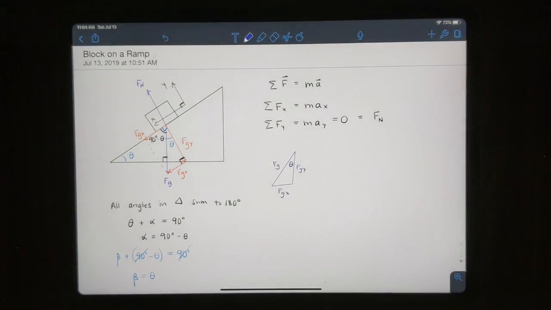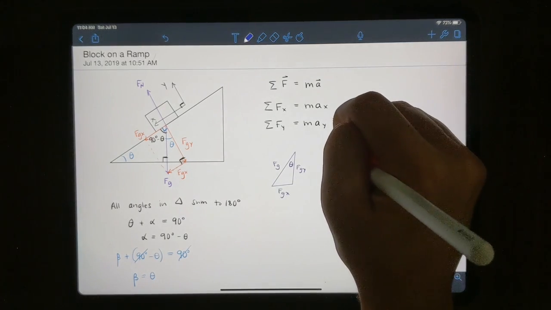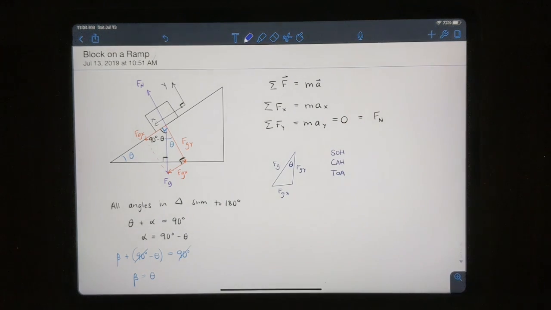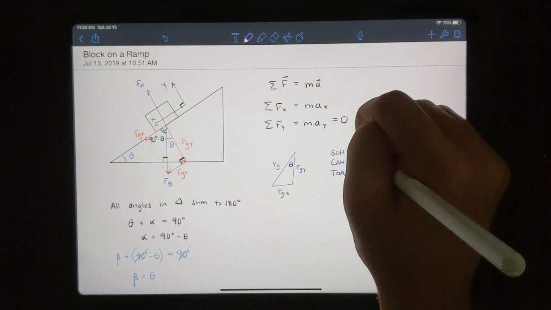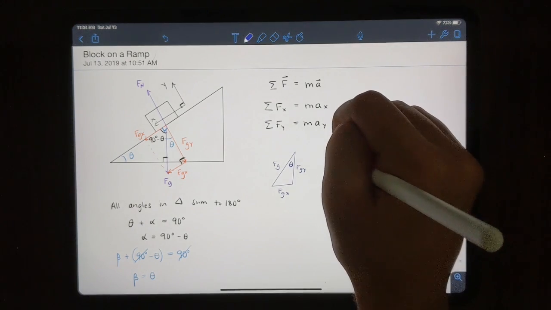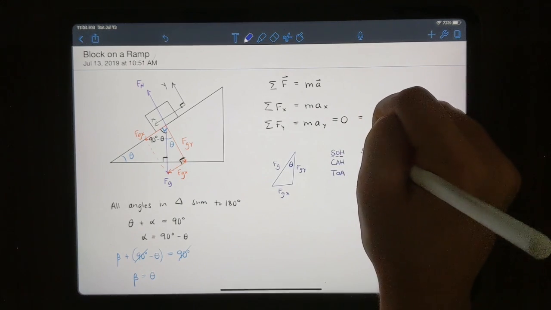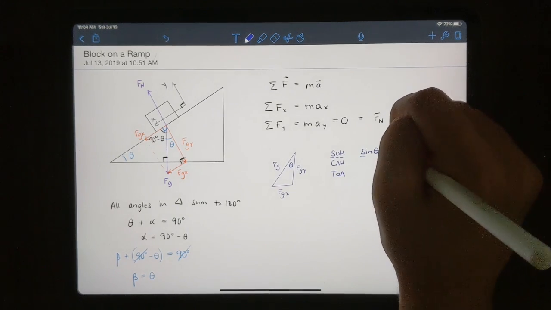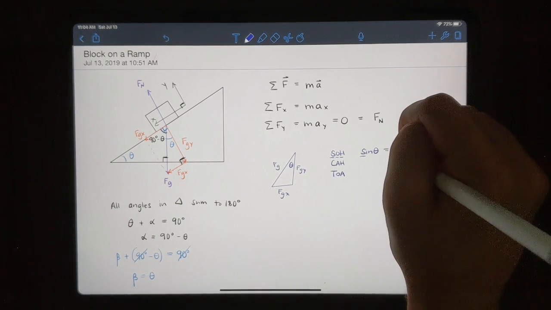So now, I'll rotate that. Okay. And the next step we're going to do is use SOHCAHTOA. We're actually going to use SOH and CAH. We're not really going to use TOA, but it is also still valid. SOH tells us that sine of theta is equal to opposite over hypotenuse.